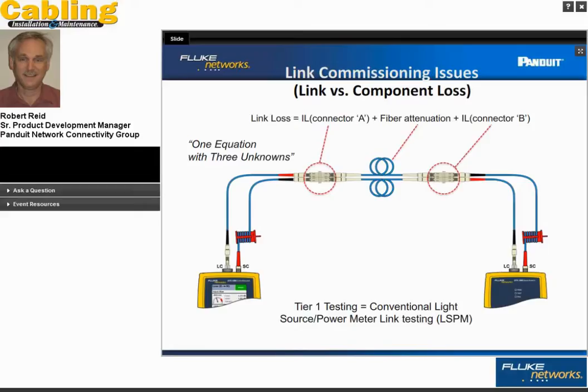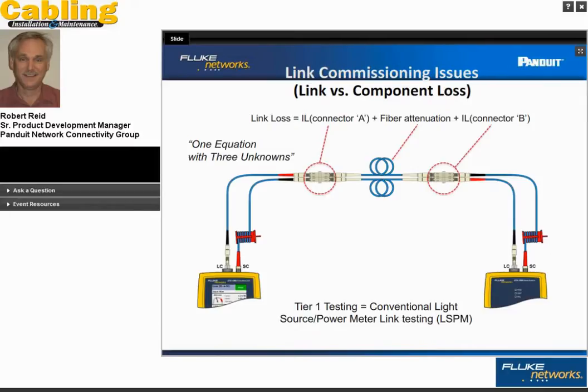So you're measuring overall power. You can't point to a single component, the fiber as a component, either of the connectors as a component, and say the loss is coming from there because you're measuring overall power. So you're trying to satisfy the budget. So you can't guarantee an individual connector unless you do Tier 2 testing.